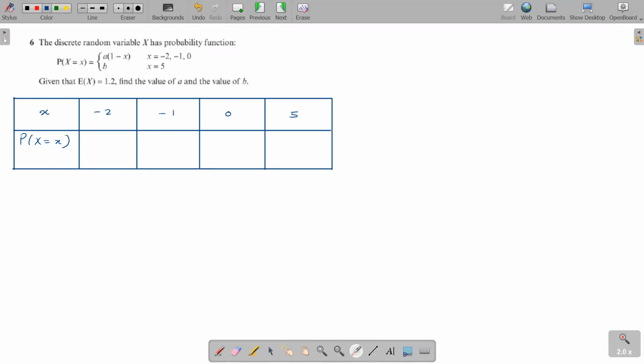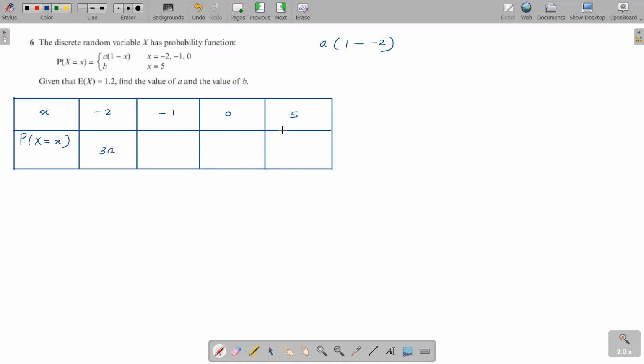So when x is equal to -2, what's the probability? It's a times 1 minus x, right? a times 1 minus x, where x is -2, which means how much? 1 minus minus 2 is 1 plus 2, which is 3. So 3a. Do you agree?